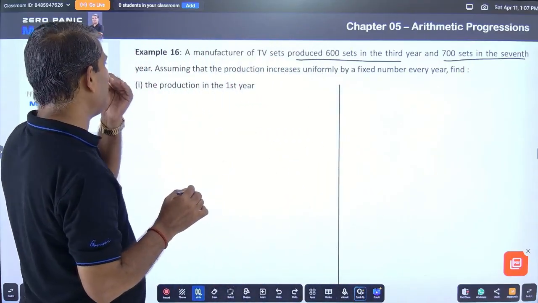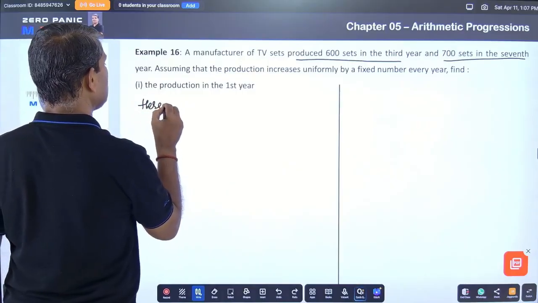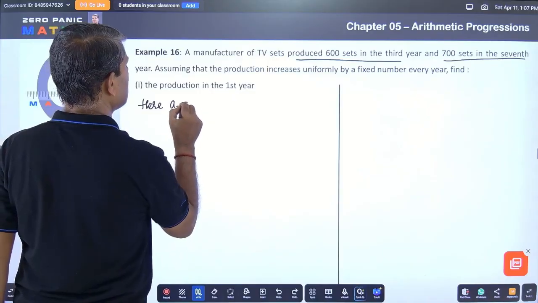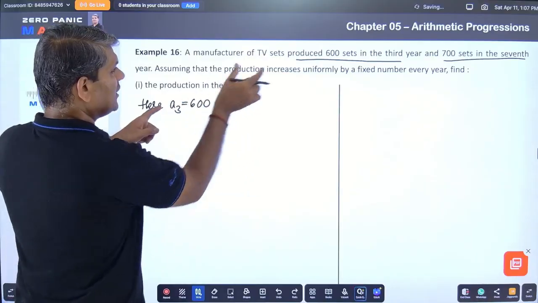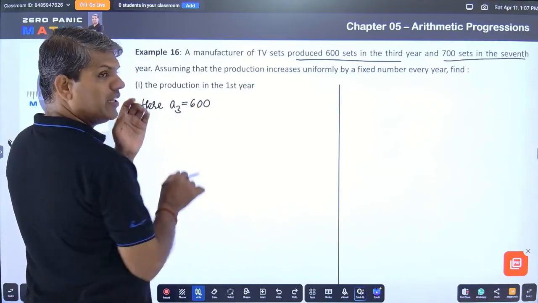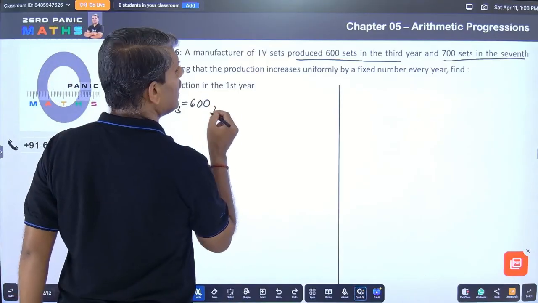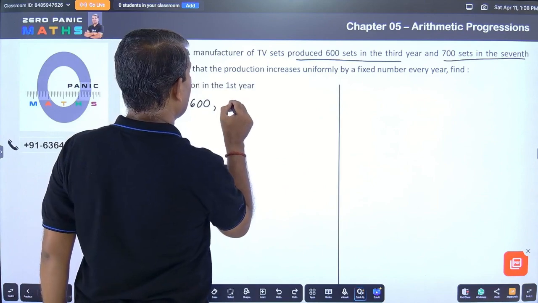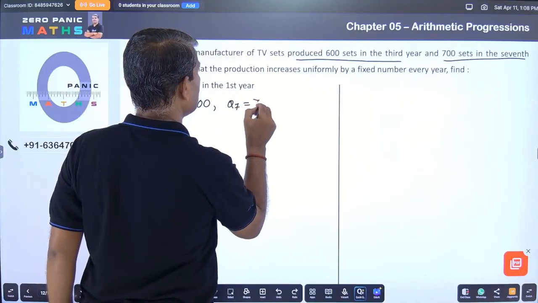So what is given here is a3 equal to 600, the TV sets produced in the third year. So one term value they have given. And a7 is equal to 700.